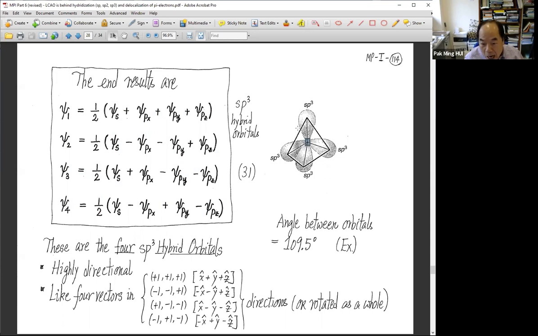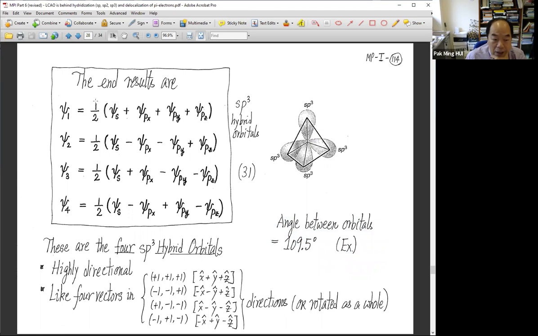The 4 hybridized sp3 orbitals form a tetrahedron, and the special angle between neighboring sp3 orbitals is 109.5. This week, in one of the sample questions, the TA will calculate this out for you.